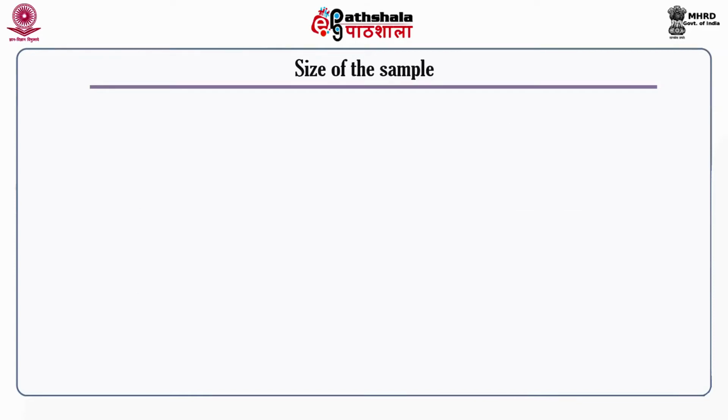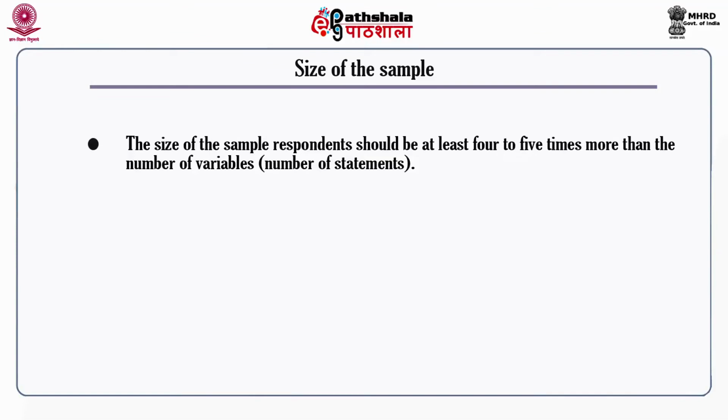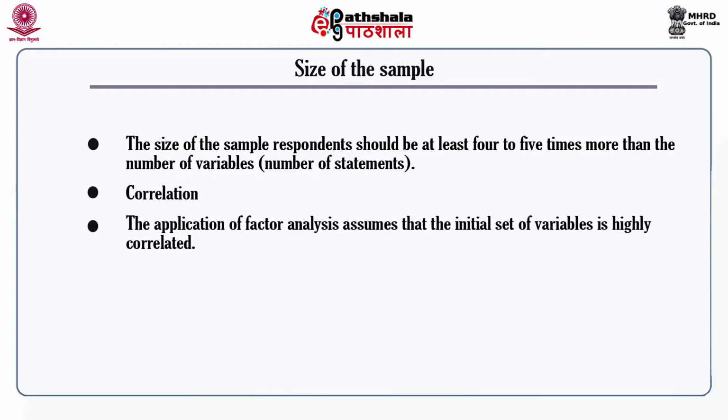Size of the sample. The size of the sample respondents should be at least 4 to 5 times more than the number of variables. Correlation. The application of factor analysis assumes that the initial set of variables is highly correlated.